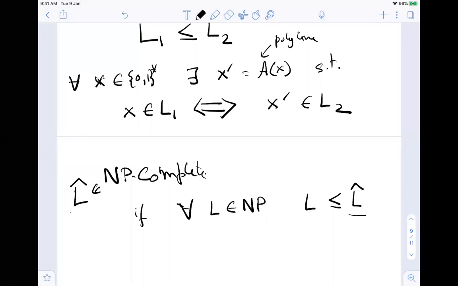Actually, what I told you is slightly wrong. What I meant was that this is actually called NP hard. Any language that is harder than all the problems in NP is called an NP hard problem.